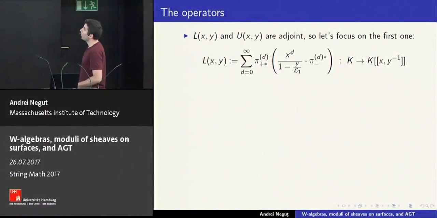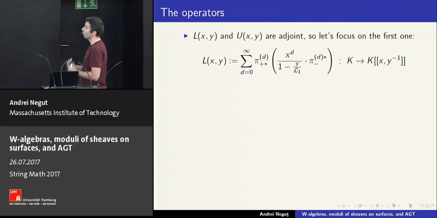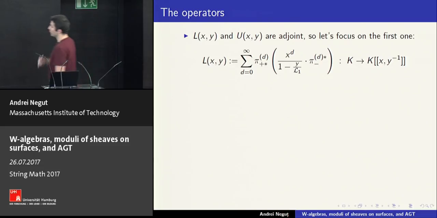Here is a definition of the operators L and U, which are involved in the definition of the action of a W-algebra on K. So they are adjoint. Because of that, it's enough for me to tell you what L is. So L is given as the sum over all these of the operators induced by these correspondences.